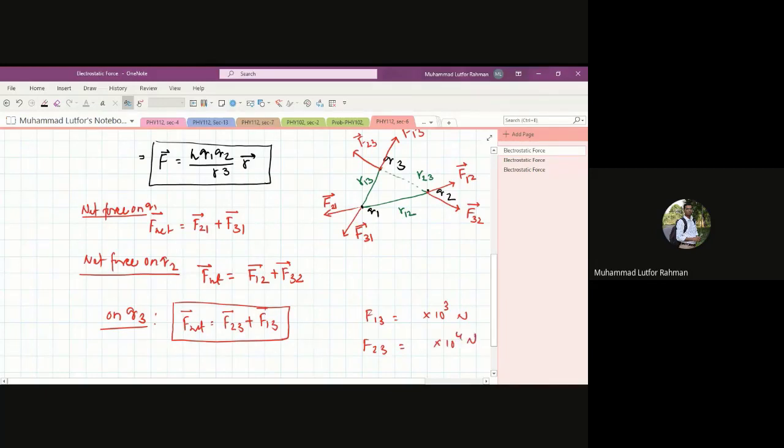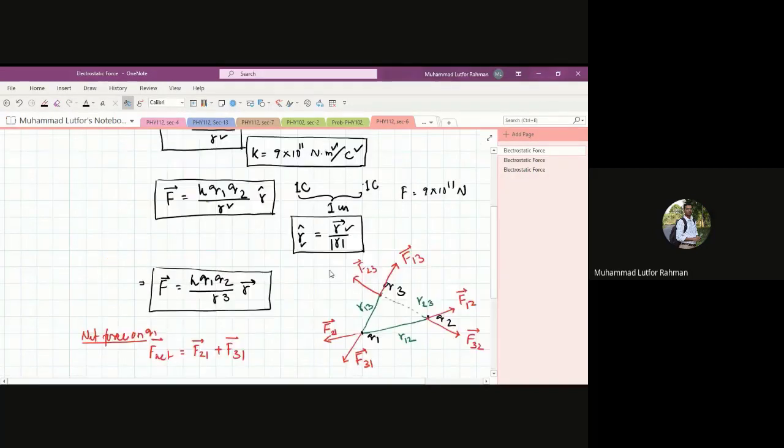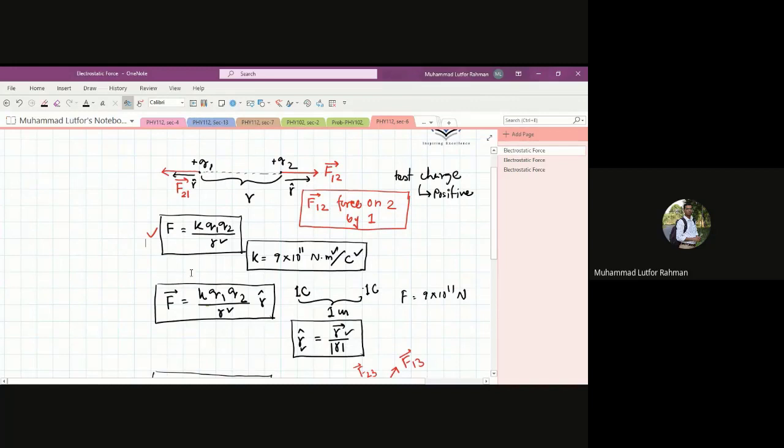If you add them together, that gives you the wrong answer. You use the equation to find the magnitude, but after that, if you add them together, that would be a disaster. Don't do this. If you do that, you are not going to survive this course.